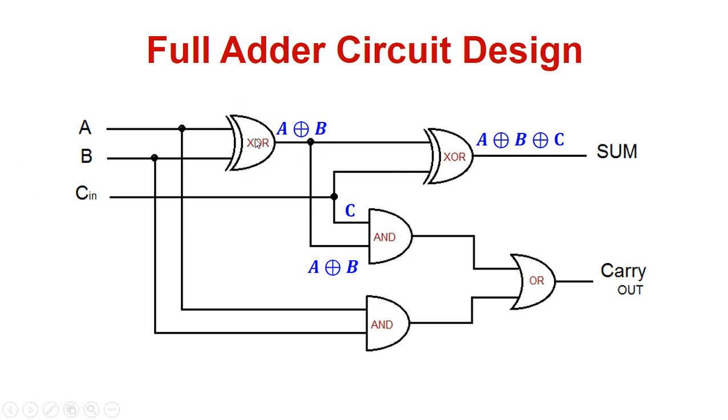One is over here, which will have A and B as the input, and therefore the XOR operation will output A XOR B. That will act as one of the inputs to the second XOR gate, and the second input to the second XOR gate will be simply the third variable C. Therefore A XOR B will be XORed with the second input C. This way you can implement the sum in the full adder by using the 2 XOR gates.